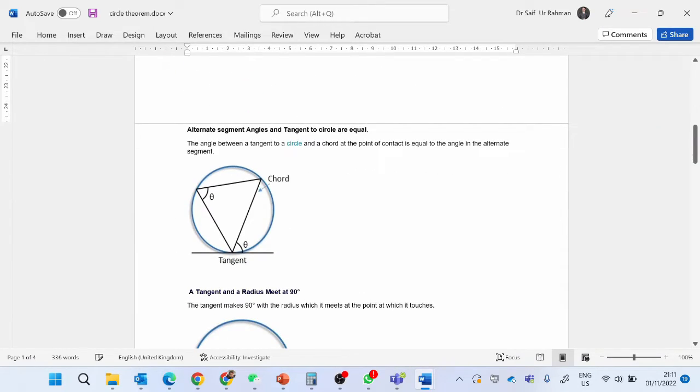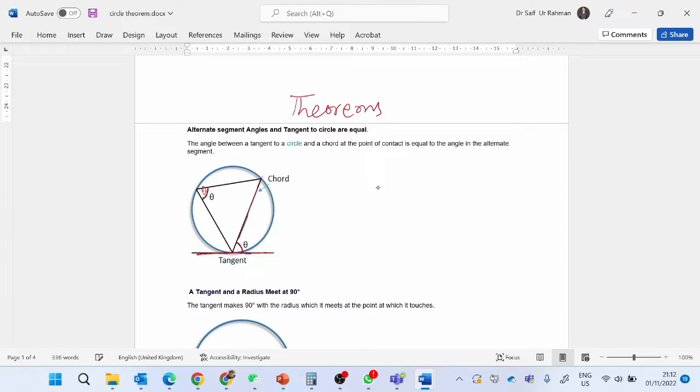So coming over to the theorems, theorems are rules which are applied to the circle. The first rule is that the angle between a tangent and a chord is equal to the angle in the alternate segment. If this is a tangent which is just touching the circle, the angle here will be equal to this angle in the alternate segment.